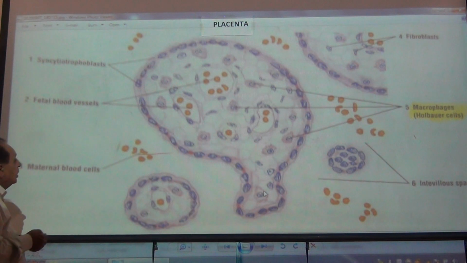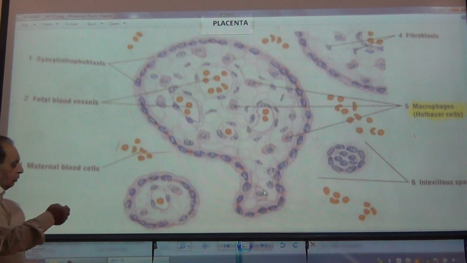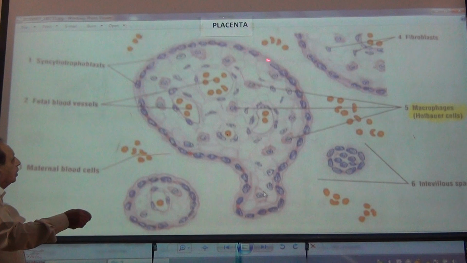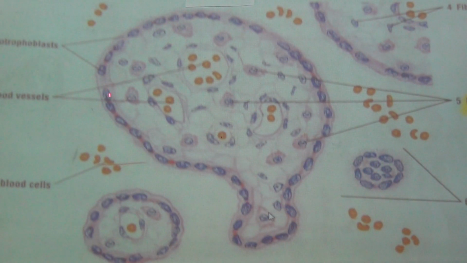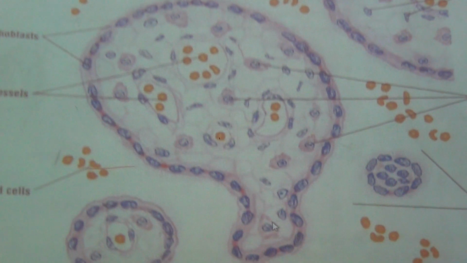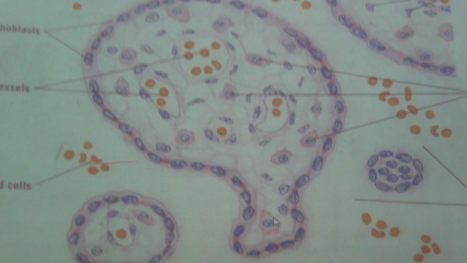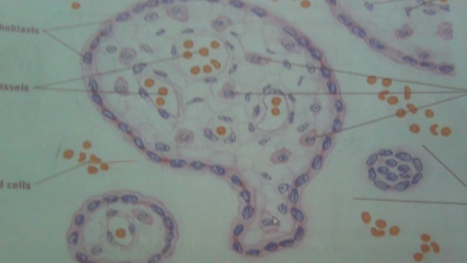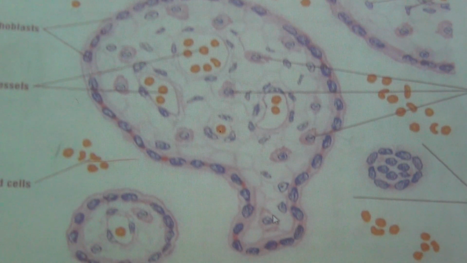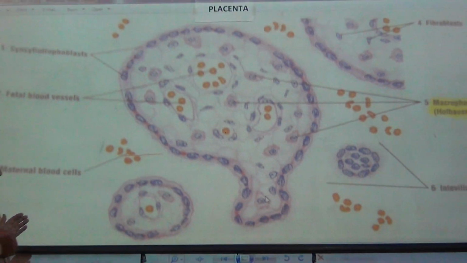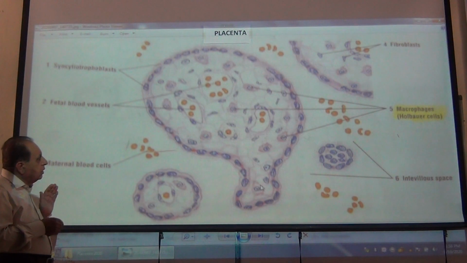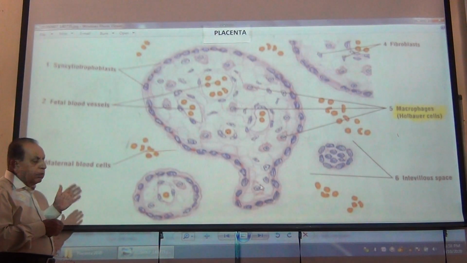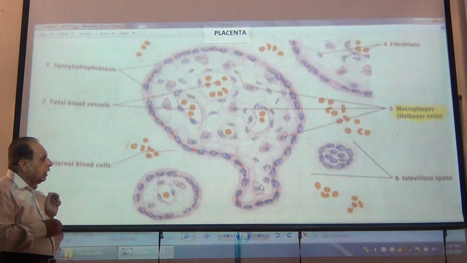Now, this chorionic gonadotropic hormone from the syncytiotrophoblast stimulates the corpus luteum. The placenta works as a temporary endocrine gland also.